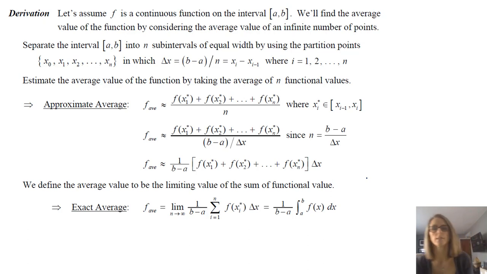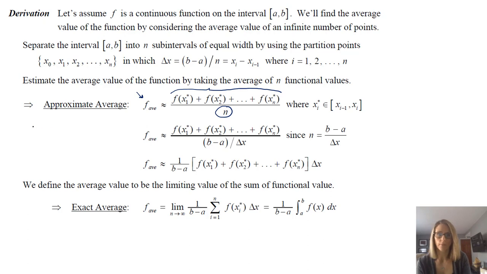This is very similar to some of the other stuff that we saw in chapter 5. What's happening here is that the average value is literally the idea of the average. It's taking a bunch of y values at different sampling points of the function and dividing by n, by how many are being taken.